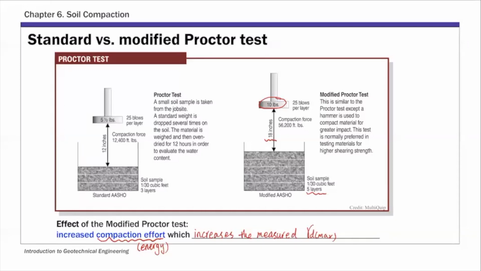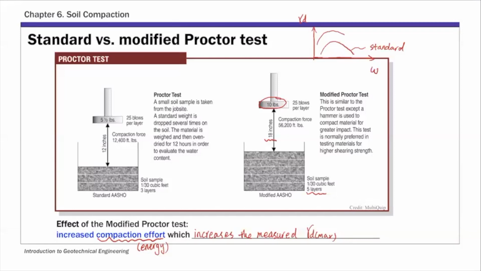If you look at the behavior of the compaction curve, this is a compaction curve for the standard Proctor test. In the modified compaction test for the same soil, the curve is going to shift to the left and also shift upward.